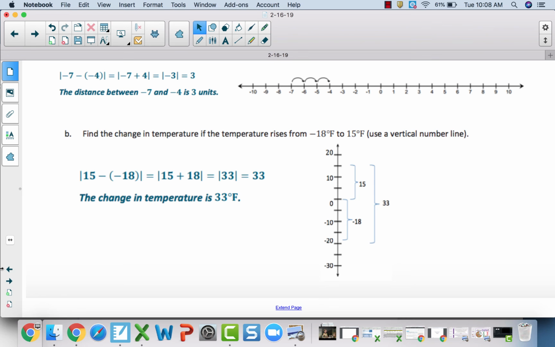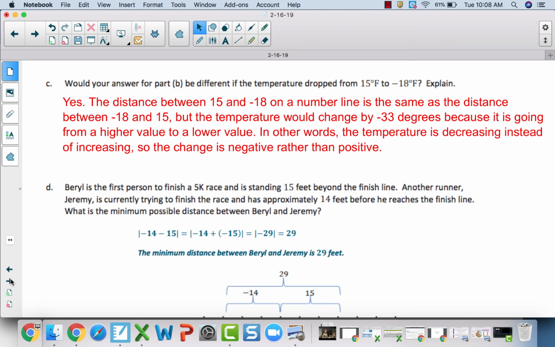So that is a positive change in temperature. Now that's important because in part C, if the temperature dropped, the answer would be different because the change would be a negative 33 degrees because it is going from a higher value to a lower value. In other words, the temperature is decreasing. That is a negative change.